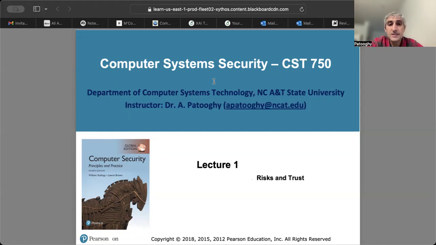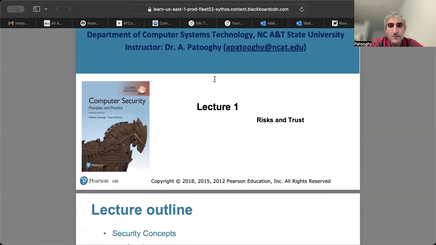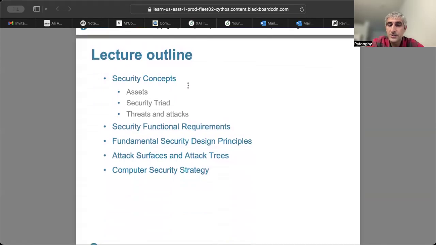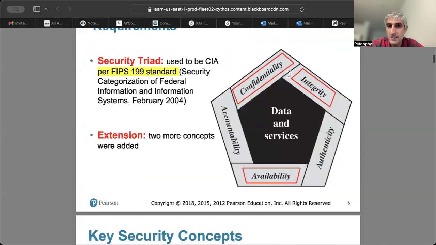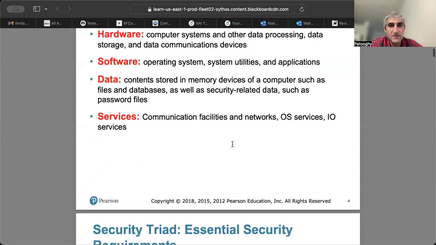In this lecture, we're going to talk about basic concepts and terminology in computer system security. We define assets, we define the security triad: confidentiality, integrity, and availability, and then we add two more items. I discuss this in detail in the videos.